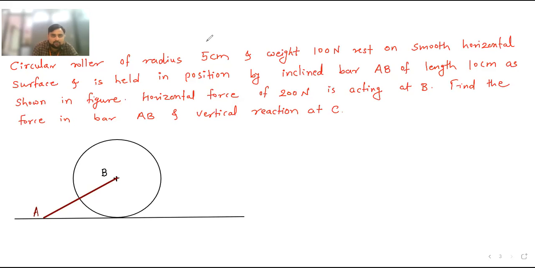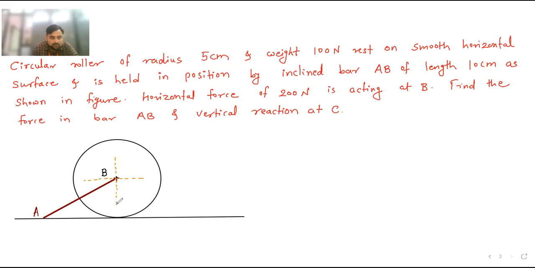So if I draw here a horizontal and vertical line, this is the perfectly horizontal line and this is vertical line. Why do we draw these lines? So that it will become easier for us to measure the angles.